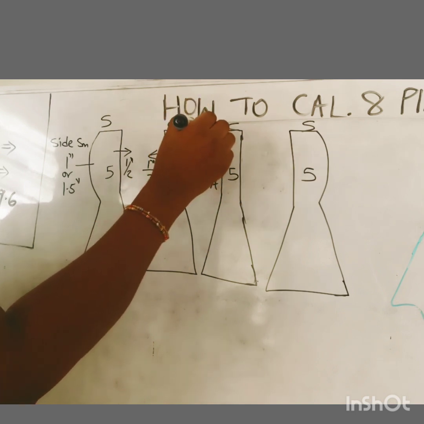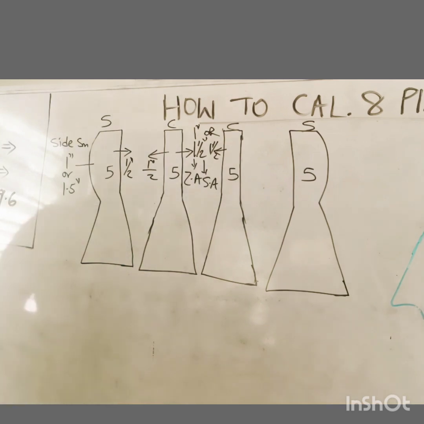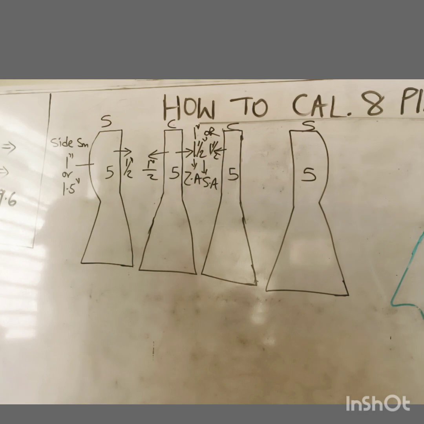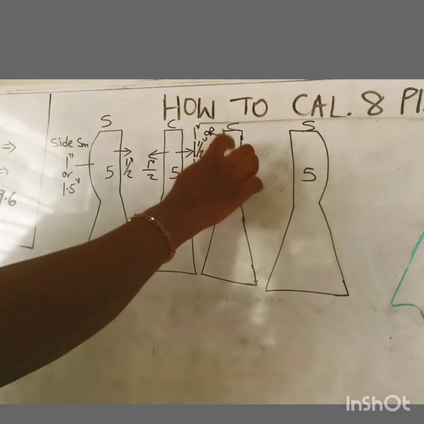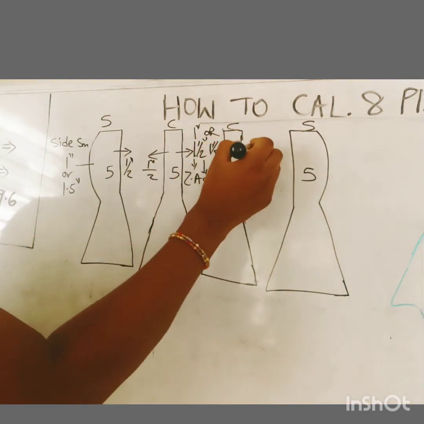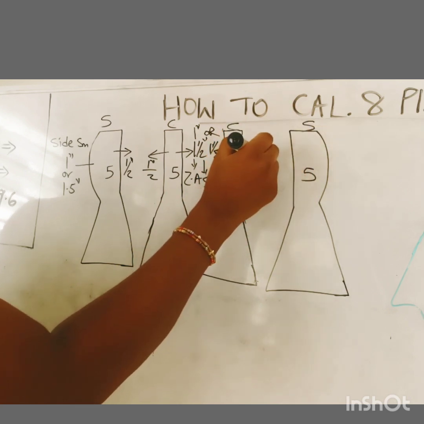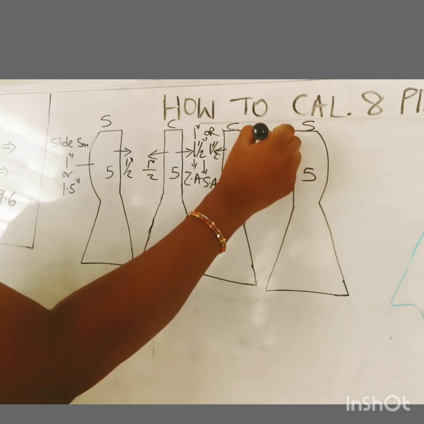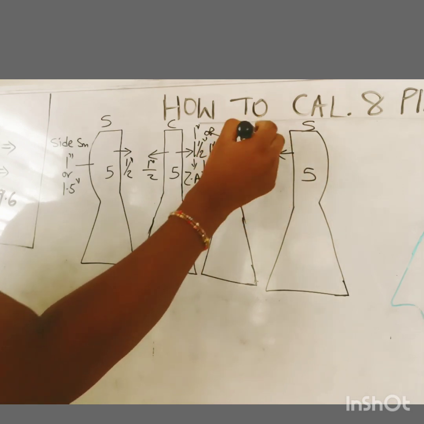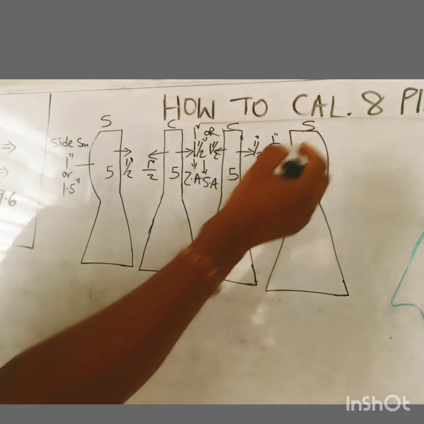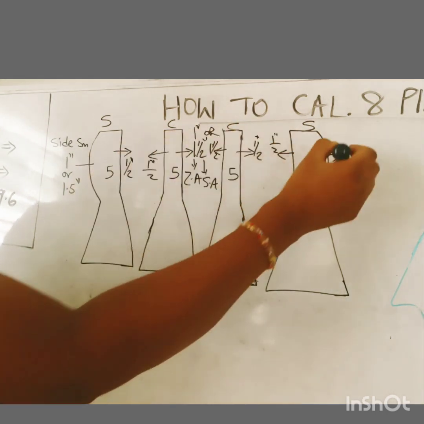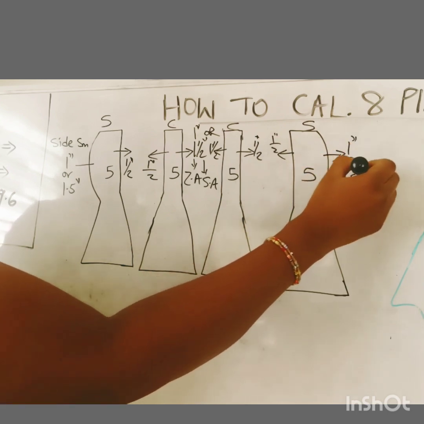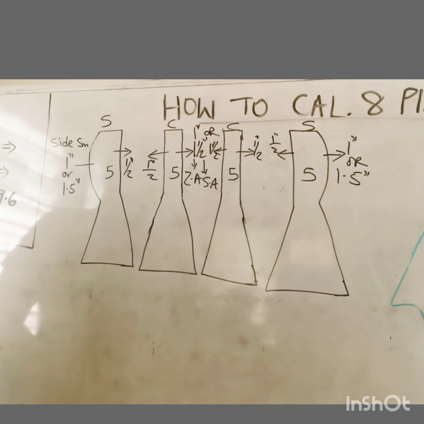Okay, 1 or 1.5. So that is for that. Therefore, this one you need to join it to this, so you need 1/2 inch. And for this last side, you need 1/2 inch to join it to this. And then the side seam, you need 1 inch or 1.5, which is 1.5.